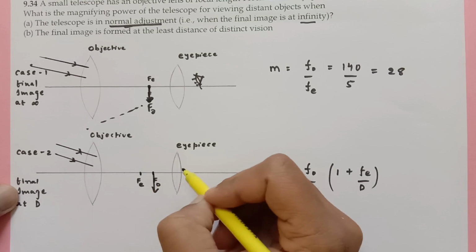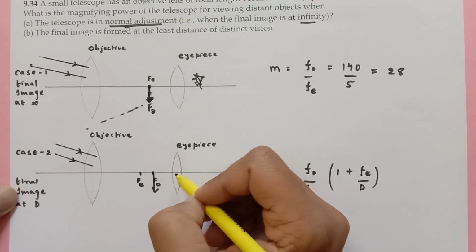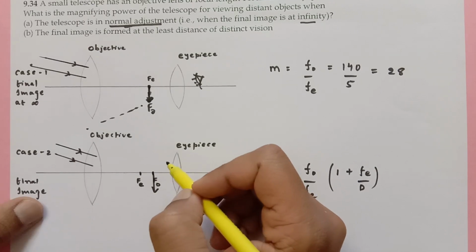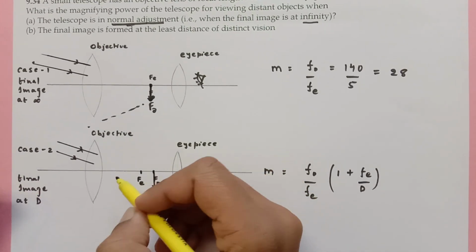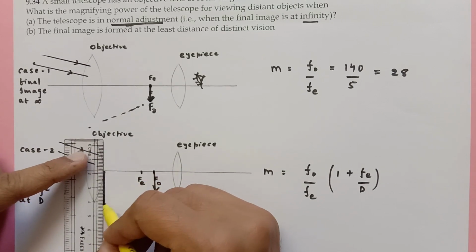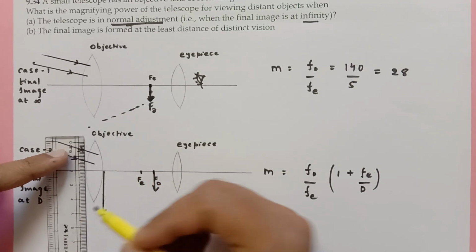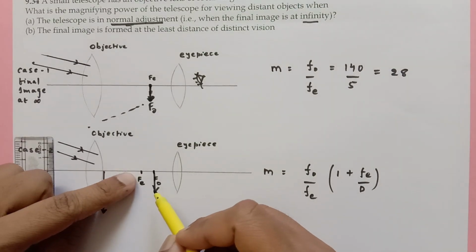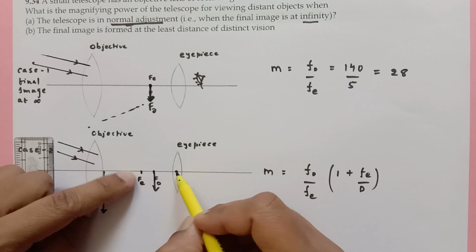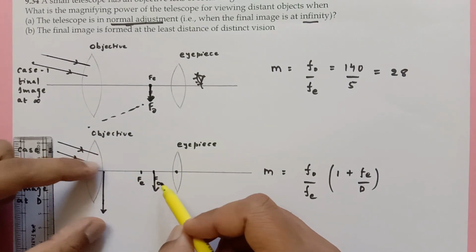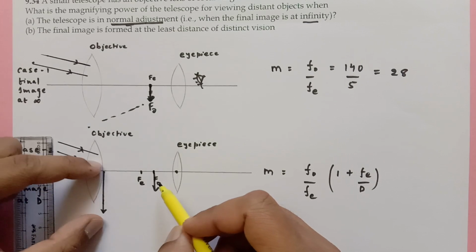Now this image will behave as the object for this lens, and this lens is arranged in such a way that the final image is formed, say, here. And since this object is between the optical center and the focal length, the final image will be enlarged, on the same side of the lens, and virtual.